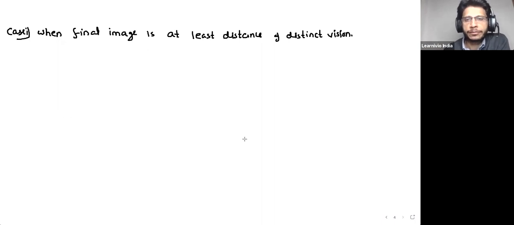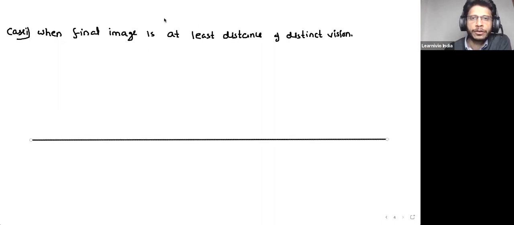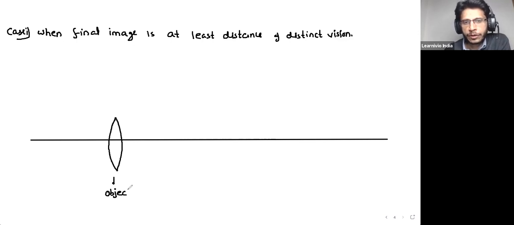Let's first make the ray diagram. So this is your first lens, which is known as the objective lens. This is the focus of the objective.